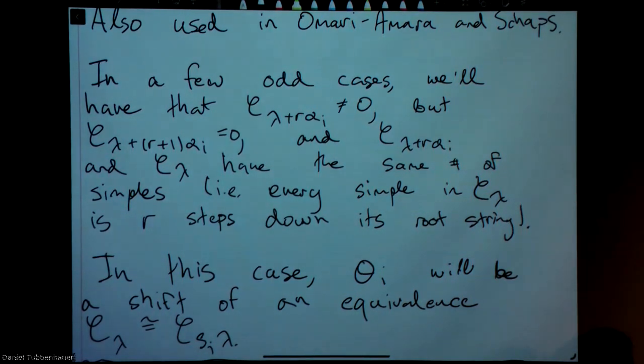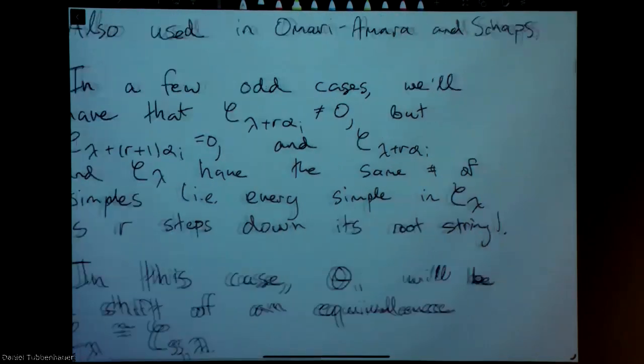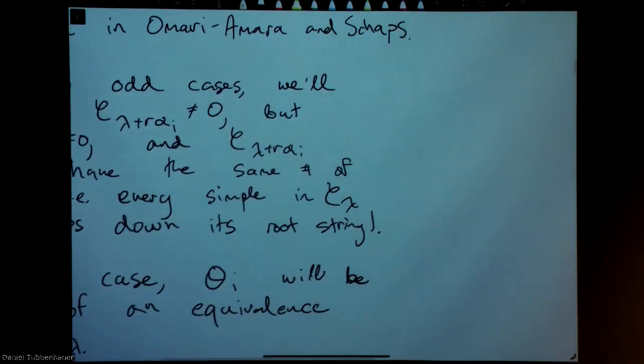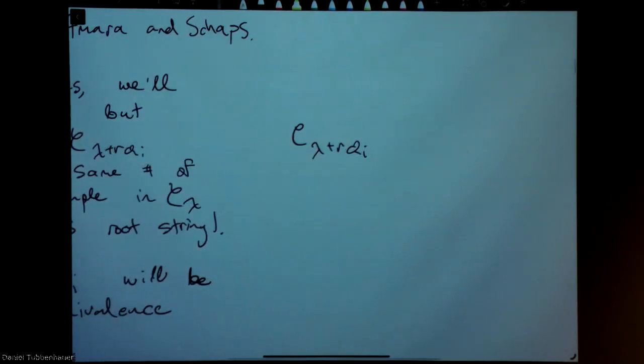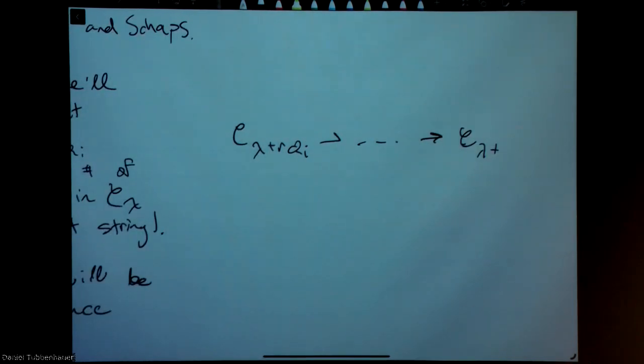And this happens when you're not at a highest weight space, but if you start at the highest weight space and go down here, this map is an isomorphism.